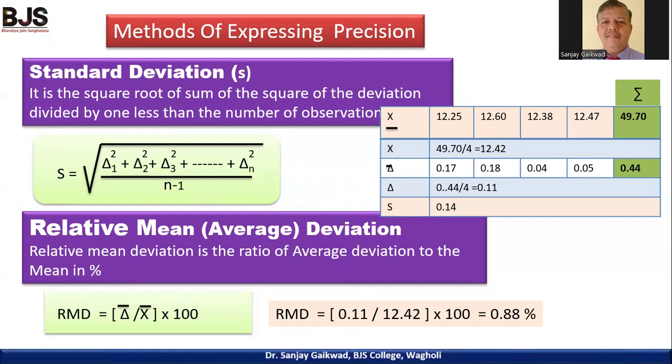Relative mean deviation is the average deviation, delta bar, divided by the mean value or true value, times 100, and it can be calculated; the relative mean deviation is 0.88%.